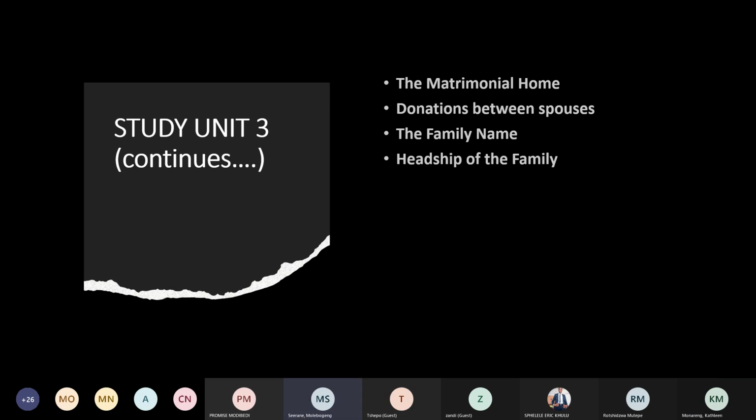So we are now at our last invariable consequence of a civil marriage, which is the headship of the family. According to common law, the husband is the head of the family, and so far this has not been changed.